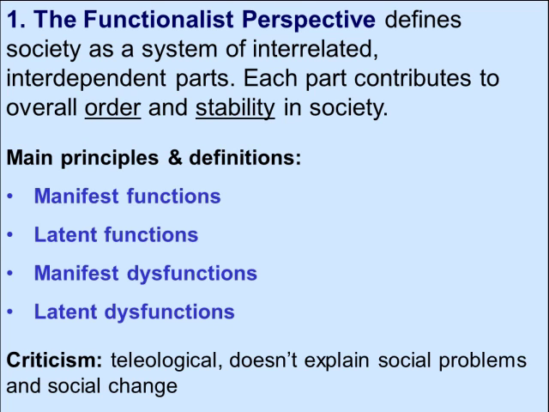They would say that all those social problems are not really problems at all, but rather functions. So poverty and crime, for example, still contribute to the overall order and stability in society. Let's see. Poor people will take jobs that nobody else wants. Because of poor people, social workers and police officers have their jobs.